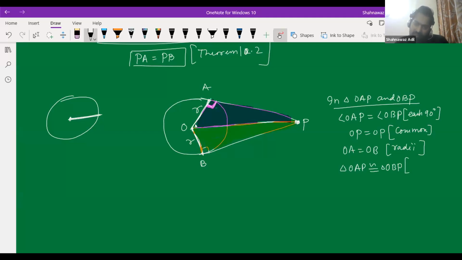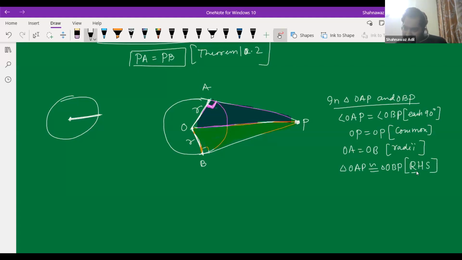For SAS, we need this thing and this thing, but we don't know about PA and PB yet, they are not equal yet. RHS, right? Absolutely correct. So they are congruent by RHS.